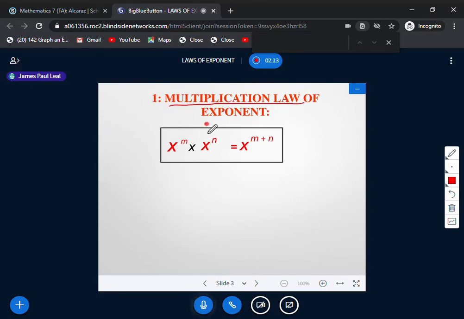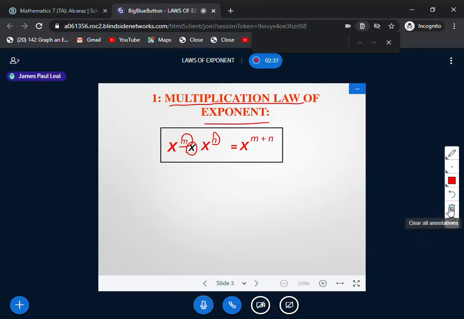So what is the rule about this one? Say for example that we have the same variable, and each has a certain exponent represented as m or n, and you are multiplying for that specific variable. What will be the rule?